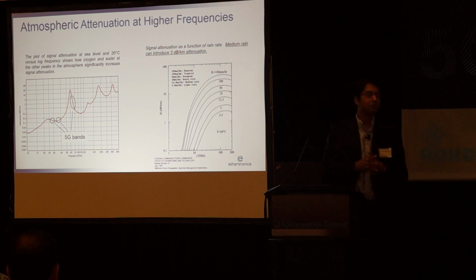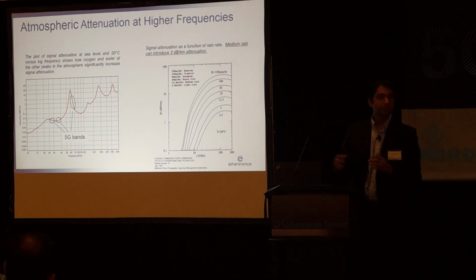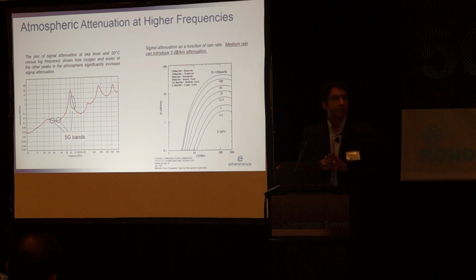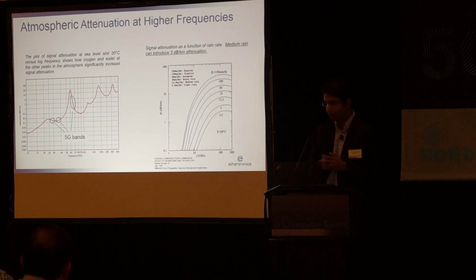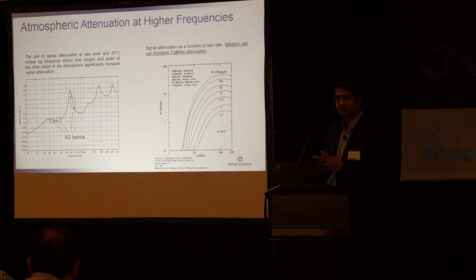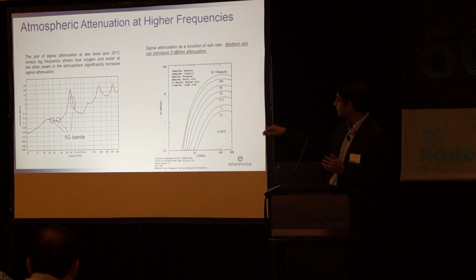Now, in addition to path loss, which is a multiplicative noise source as the signal propagates in free space, we also have to deal with atmospheric attenuation. This particular graph is a simple analysis at room temperature, 20 degrees Celsius, sea level, plotted versus log frequency.